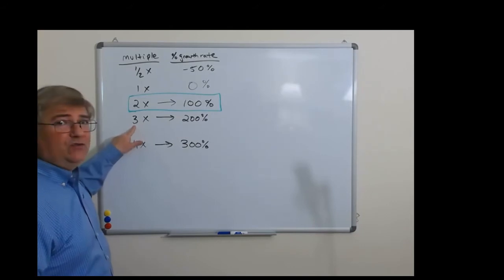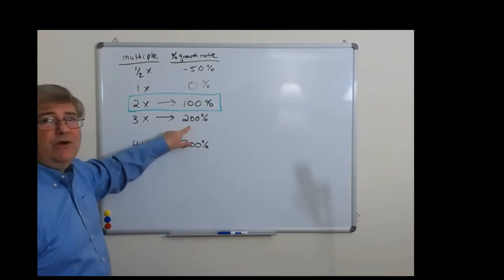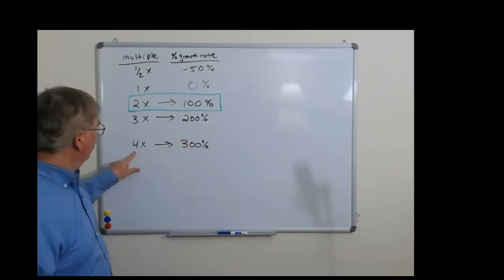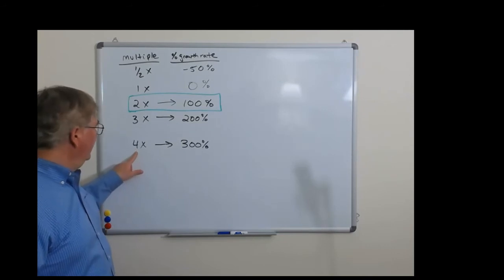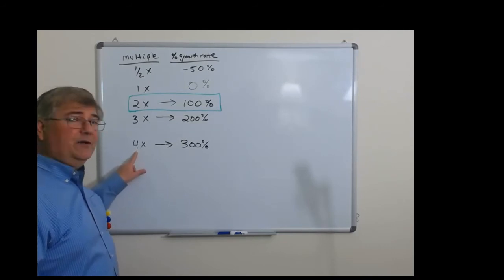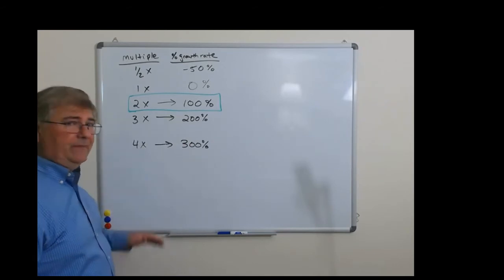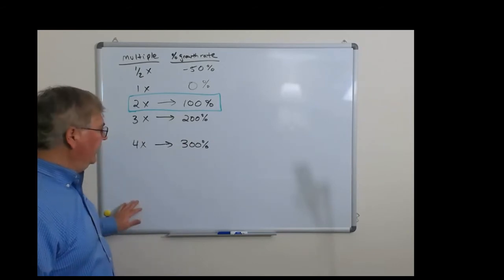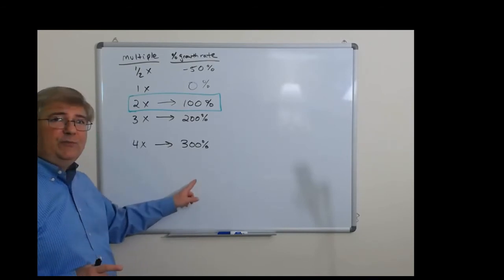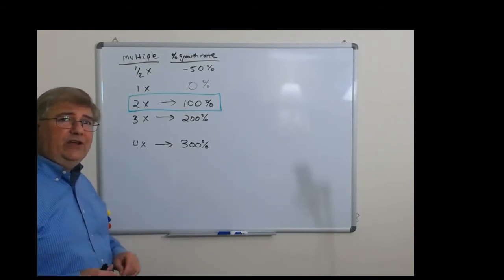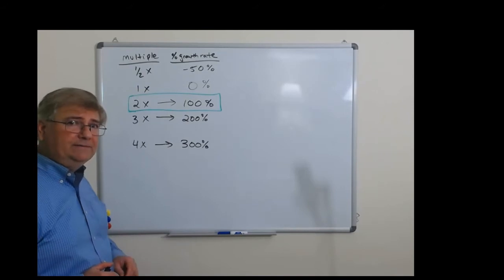In this case, 3 minus 1 is 2. 2.0 is the same thing as 200%. If we bump down a 4x, a quadruple, by 1 to 3.0, that's 300%, etc. So whatever the growth multiple is, subtract the number 1 from it and change it to a percentage, and you get the percentage markup or the growth rate.